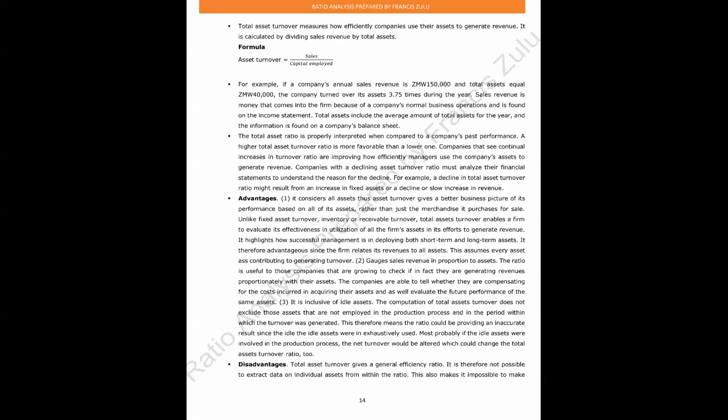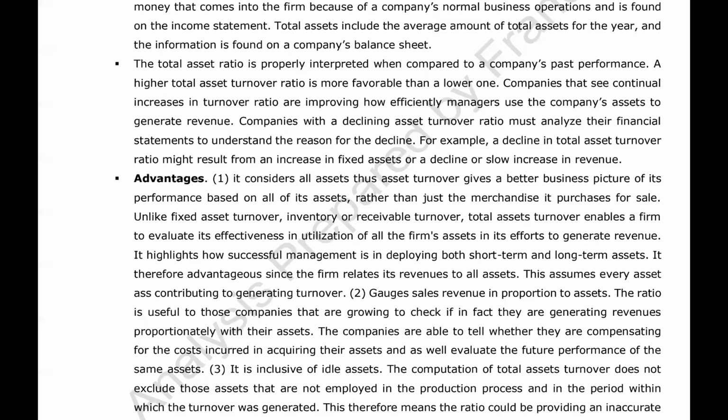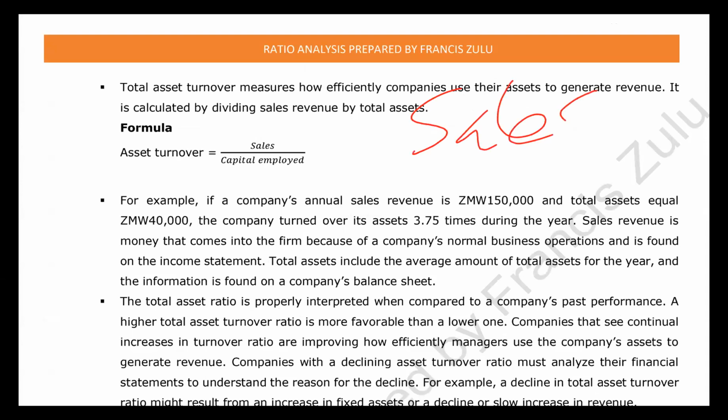So to find the asset turnover, you just say the sales divided by what? Capital employed. It is measured in terms of times, okay? Sales over capital employed, not multiplied by 100. Then you say times.